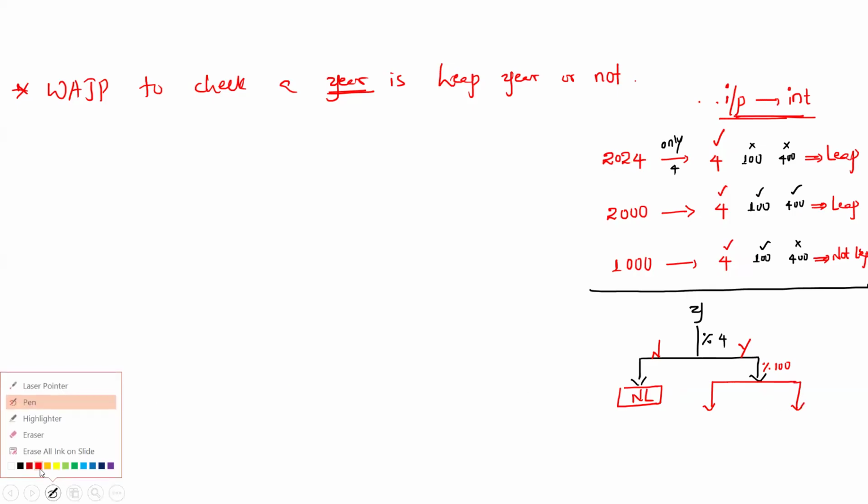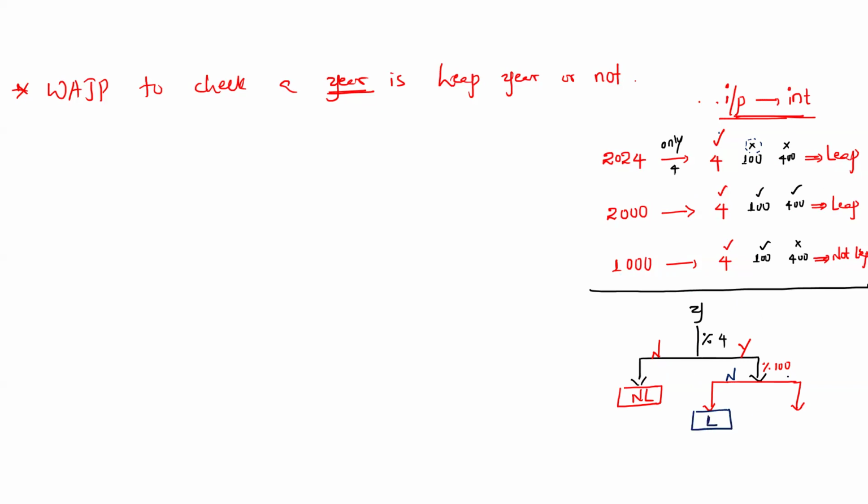If 100 is no, what's the conclusion? 4 is yes, 100 is no. This is the only tricky thing in this. Then the conclusion is leap year.